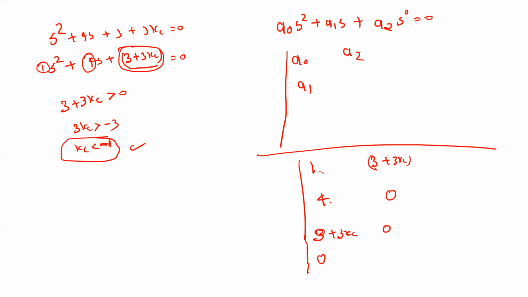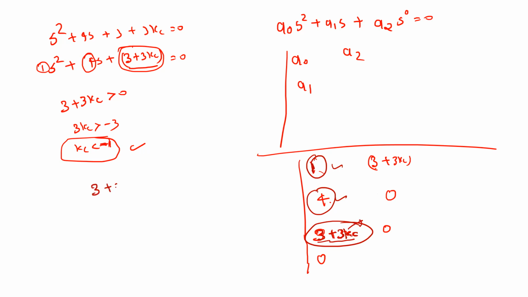Now, to find the stability of the system, we have to understand that all the signs here are positive. This one is positive, it's fine. This one is positive, it's fine. But here there is 3 plus 3Kc. Whether this particular thing is positive or negative depends upon the value of Kc.